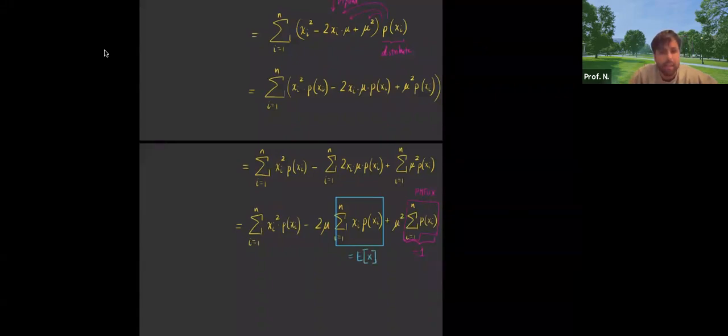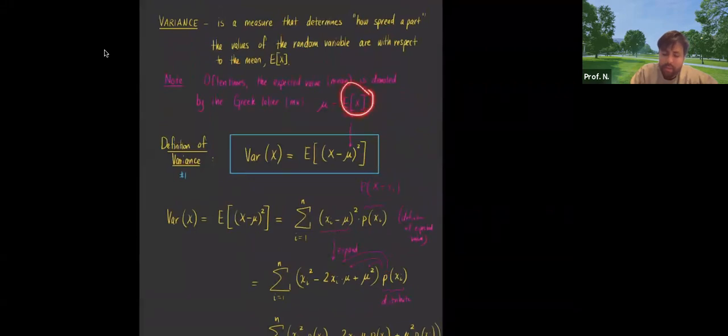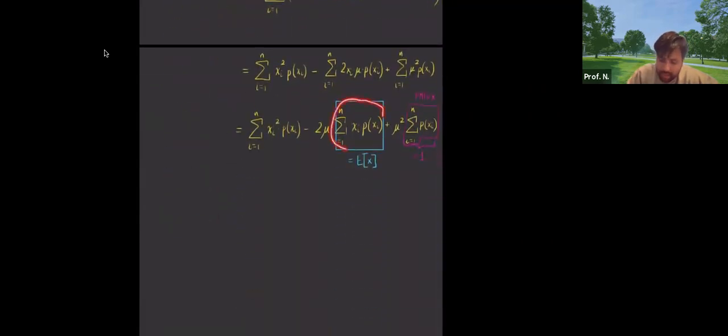Do you guys see that? And what did we say originally? The expected value is oftentimes denoted by mu, the Greek letter mu. So I can rewrite this entire expression into a very simple letter, call it mu.